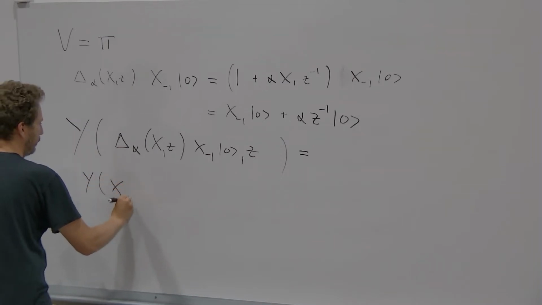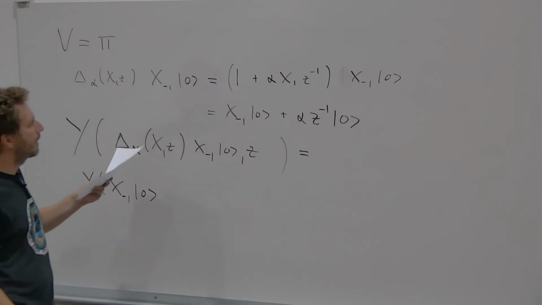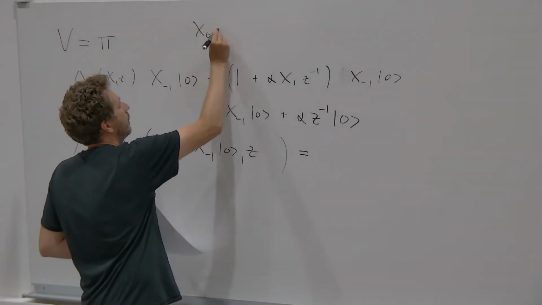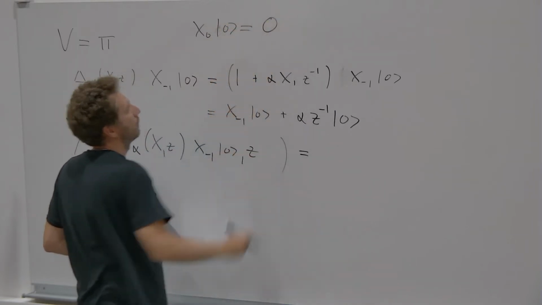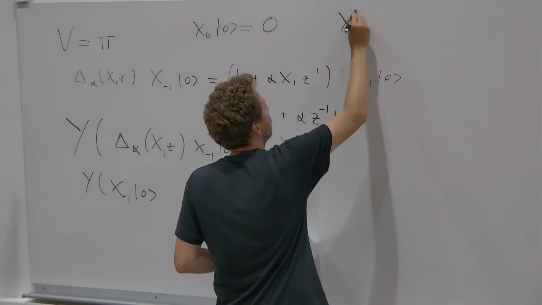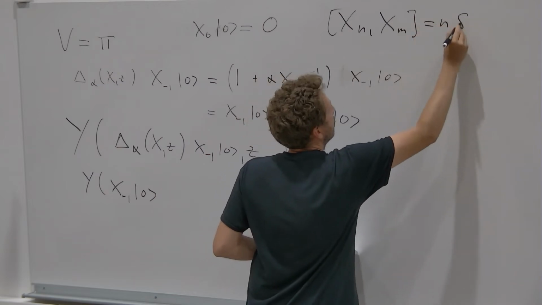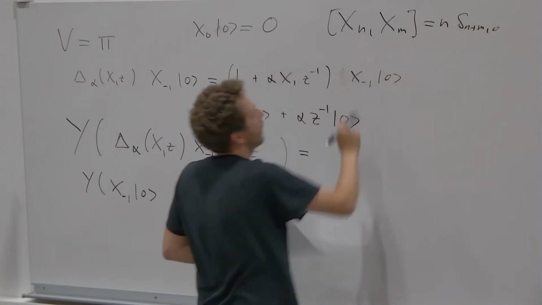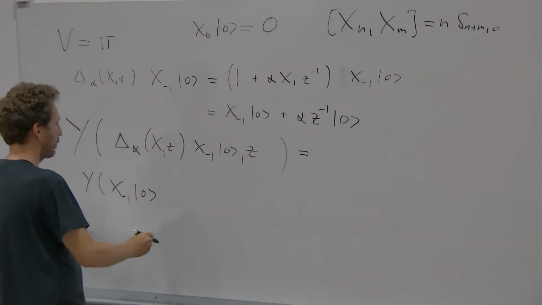What happened to the term z to the x0? Yeah, x0 acts on the vacuum. It doesn't contribute. But it's on the left. Yeah, and it commutes with everything, right? Because the commutation relations of x0 with everything: if n is equal to 0, you always get 0. Okay, good. So I insert what I just computed and use linearity.